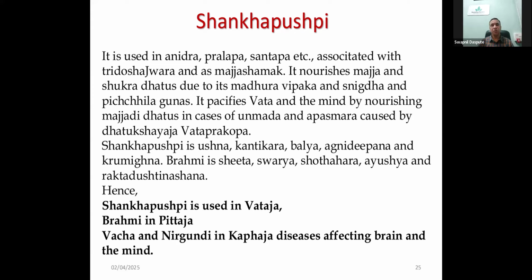In such conditions, you have to identify the signs and symptoms of the patient, and based on that, the planning of Shankapushpi or Brahmi or Vacha, Nirgundi, if it is available, should be used according to the doshaja type or dosha dominance.